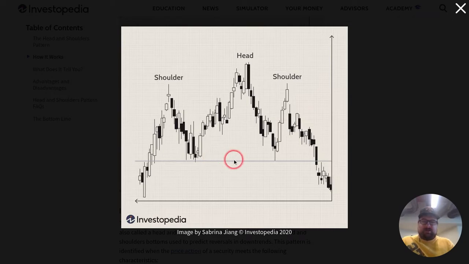We take the distance between the ultimate top, the head, and the neckline, and then we extend that downwards, and that's going to be our lower target. So if we're looking to pick up additional shares when it gets down to the target at a lower level, or if we're looking for the reversal to last longer, this is our sign that a reversal is happening. It may be temporary or it may be permanent, and that's what we're going to try to find out.